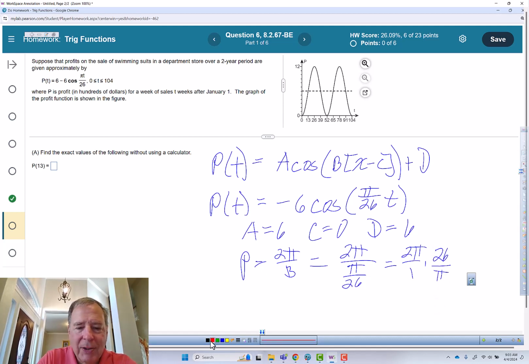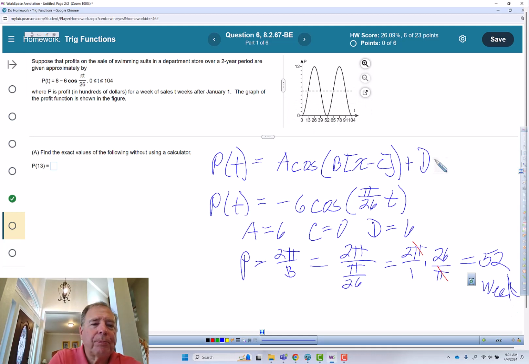So we cancel out the pi's, and 2 times 26 is 52. So the period is 52, and that is weeks. It's 2 years, 52 weeks a year, so it's 0 to 104 weeks.